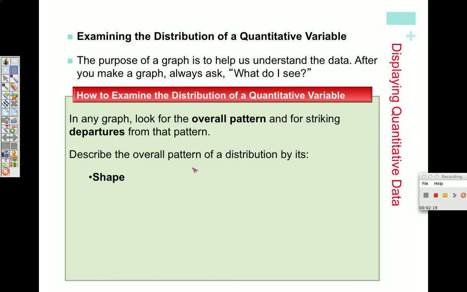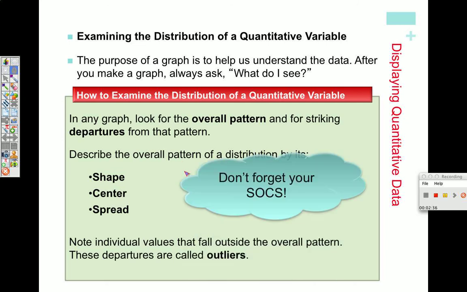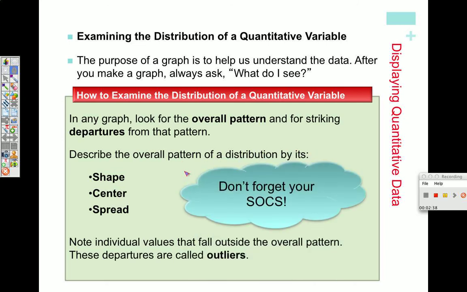We describe the overall pattern using four things: its shape, its center, its spread, and the presence of any outliers, any values that don't fit the overall pattern. And we can summarize these four things with the acronym SOCS: shape, outliers, center, spread. So don't forget your SOCS when you're working with statistics, guys. SOCS are a good thing.